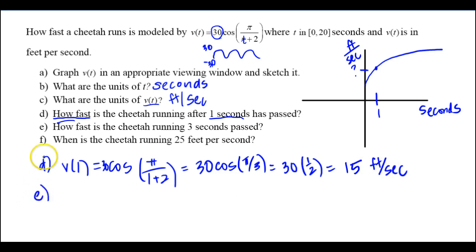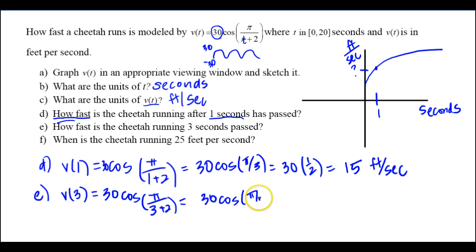So part E should be pretty quick. How fast is the cheetah running after 3 seconds has passed? We're just going to substitute 3 in for t, so we're going to evaluate v of 3. So 30 cosine of pi over 3 plus 2, which is 30 cosine of pi over 5, which is not one of the values on the unit circle.